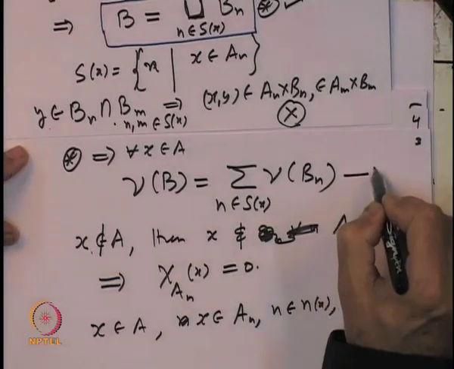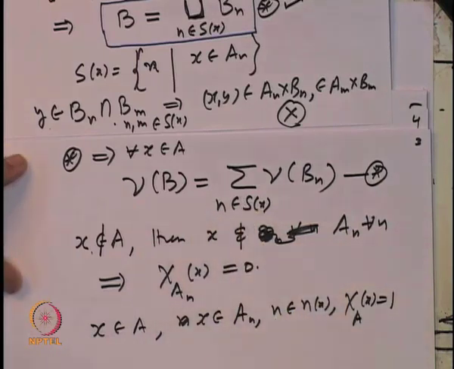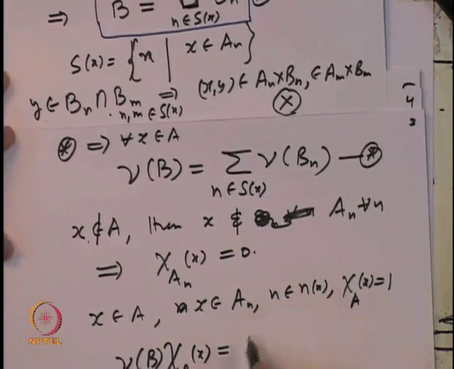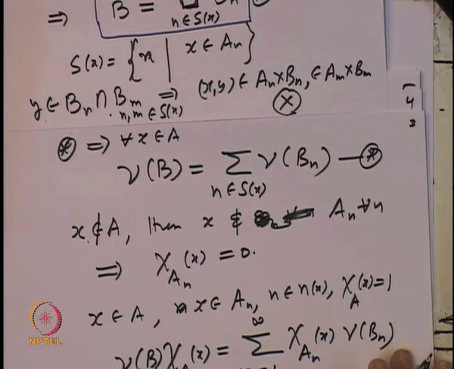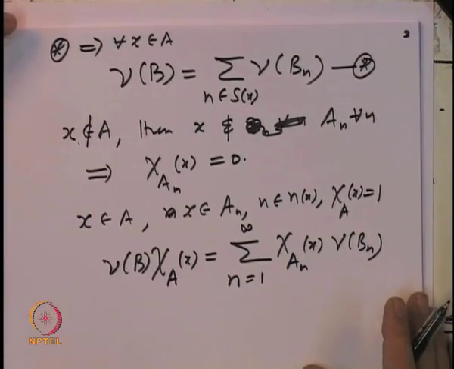So, what I am saying is this equation, nu of B equal to this, I can write as nu of B times the indicator function of A at x is equal to the summation over all n equal to 1 to infinity of chi A n of x times nu of B n. So, let us understand this once again, why is this so.